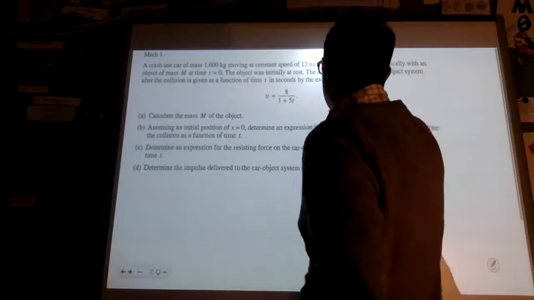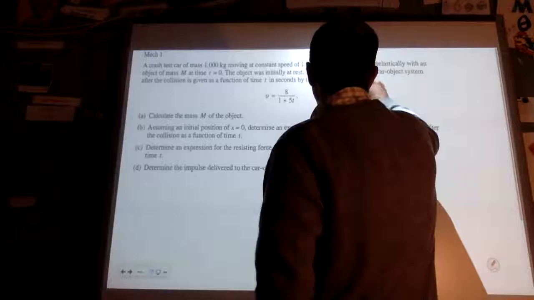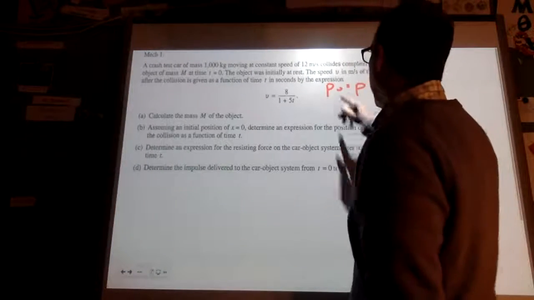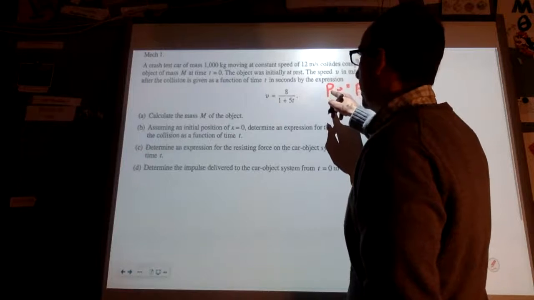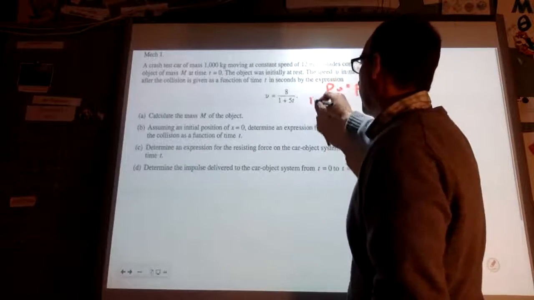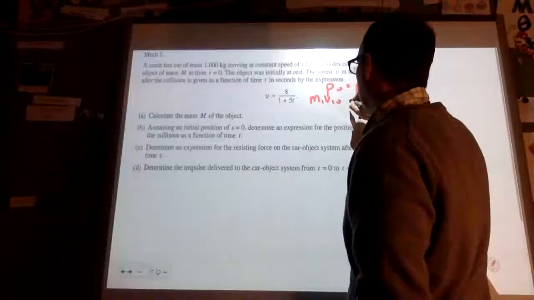Okay, so momentum is conserved. And we're saying that our initial momentum is just the car. So that's just going to be M1 V1 naught.